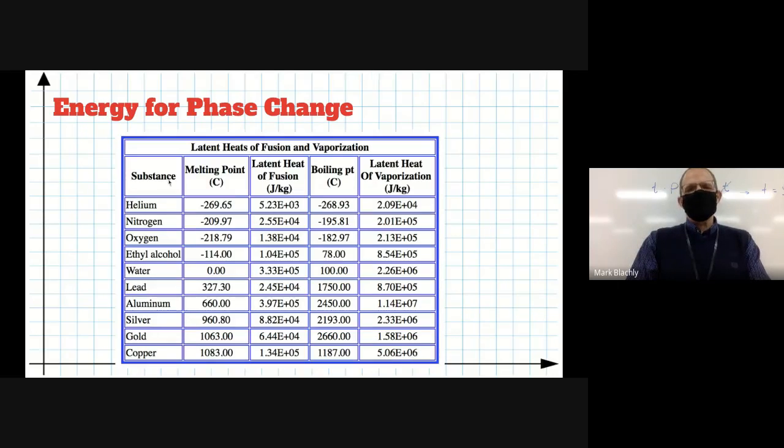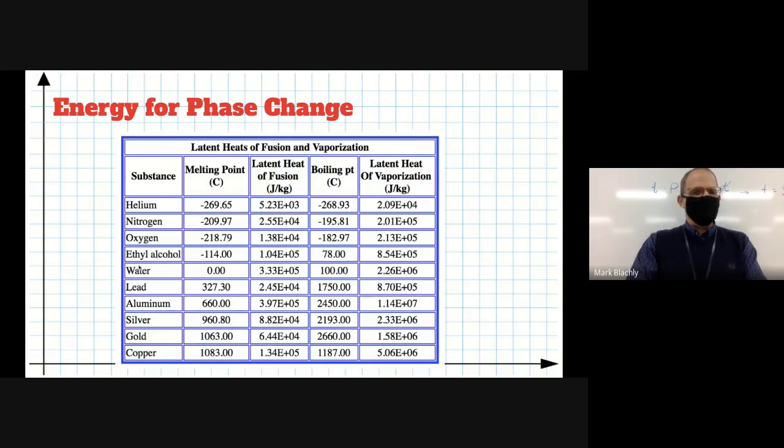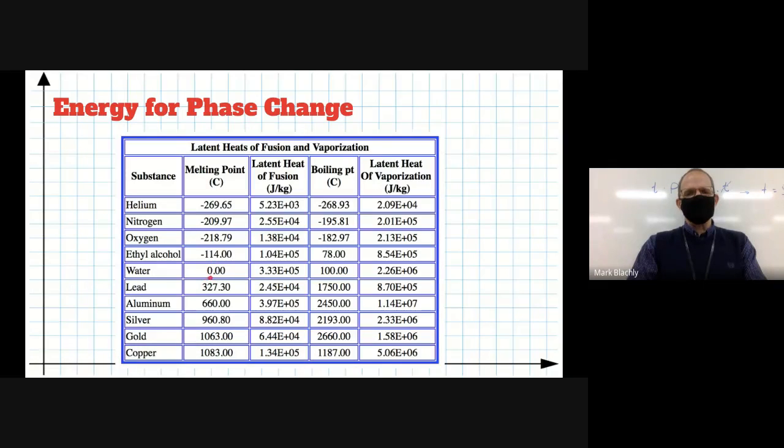All right, so this big table tells you everything you need to know about a couple of different substances. Water, for example. The first thing in the table, let me get a highlighter here. Okay, so for water, the first column tells you the melting point. This is the temperature at which it turns from a solid to a liquid. It's 0 degrees Celsius. You already knew that.